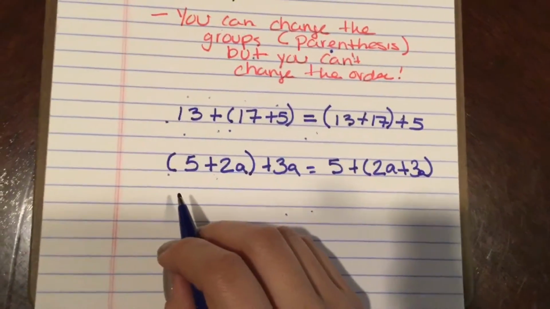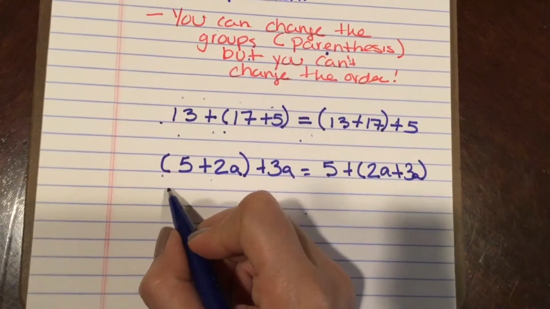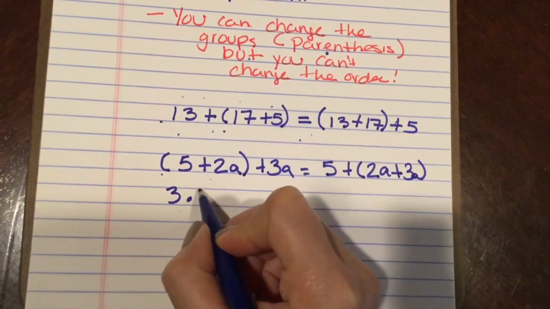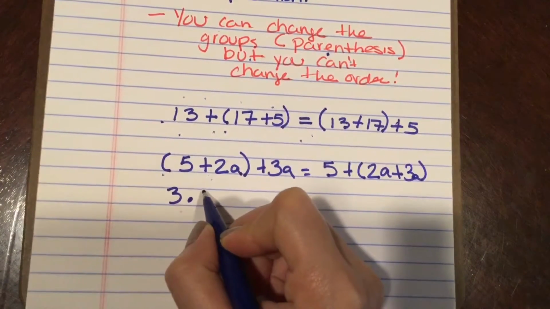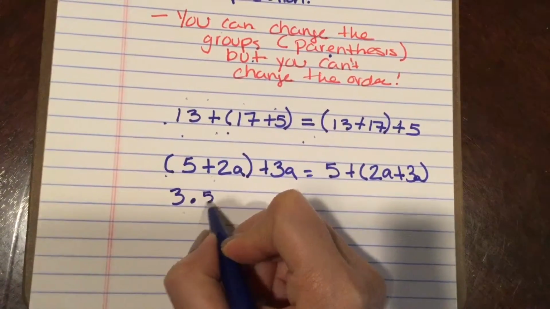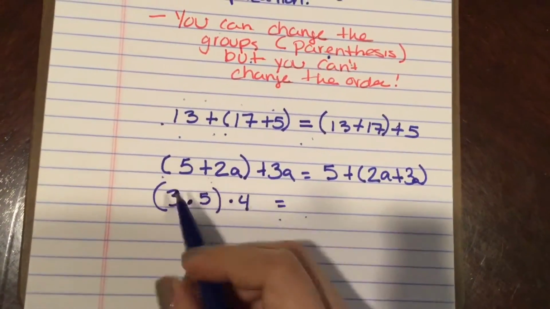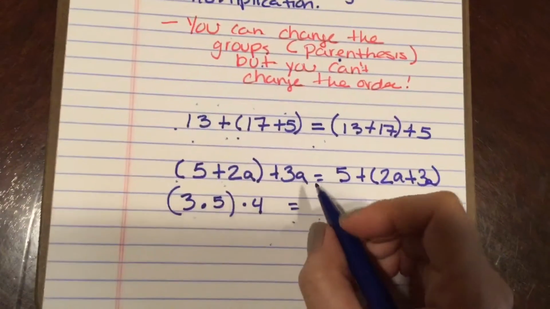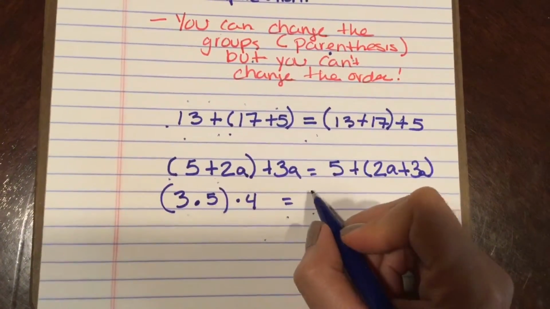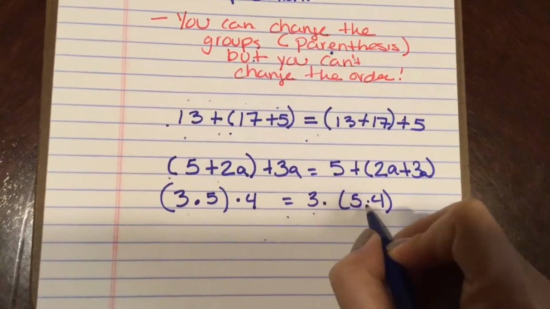Okay, same thing with multiplication. So I can say 3 times parentheses 5 times 4. So this is 15 times 4. I think an easier problem would be 5 times 4, which is 20 times 3.